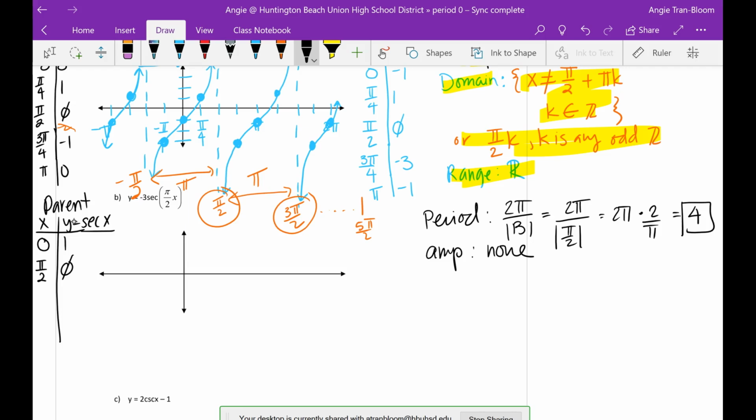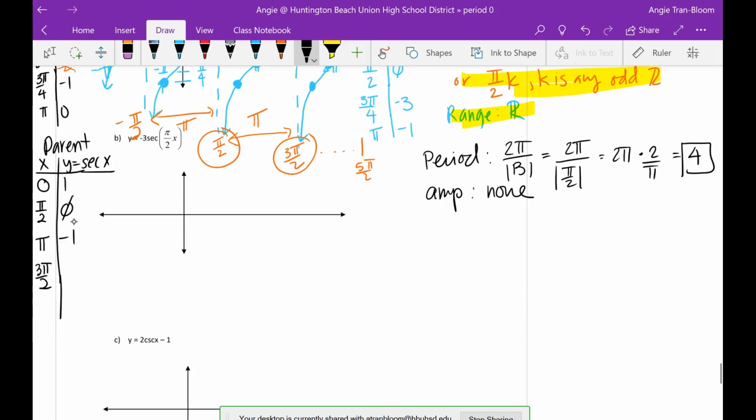Okay. Dahlia, at pi, what is secant at pi? Is it true? Look at your parent function again. At pi. Think about cosine at pi. -1, very good. 3 pi over 2, Jacob, 3 pi over 2.